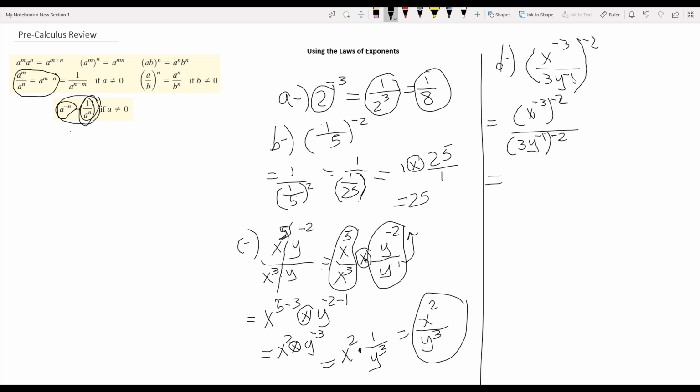Now, let's see what we can do here. I want you to take a closer look at this formula and also at this one here.